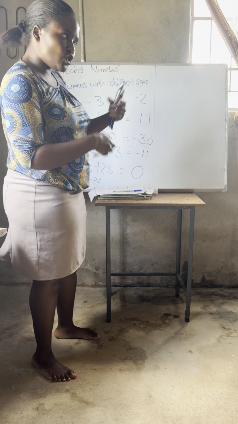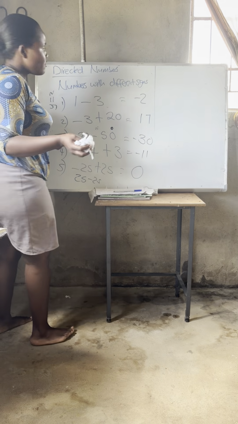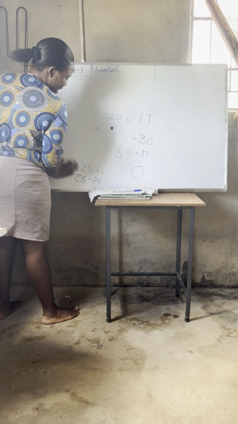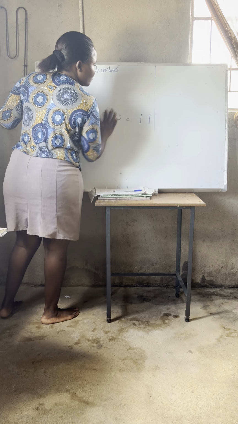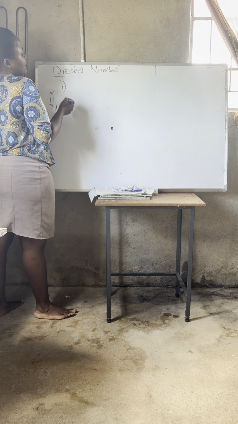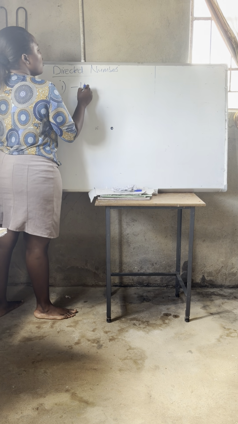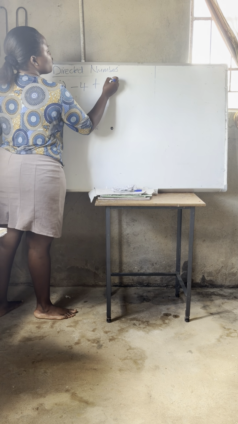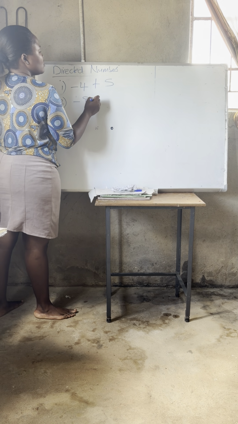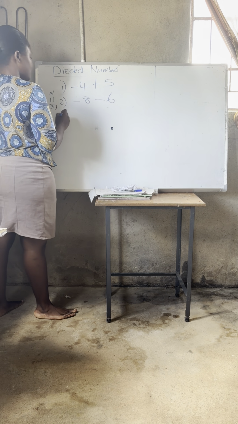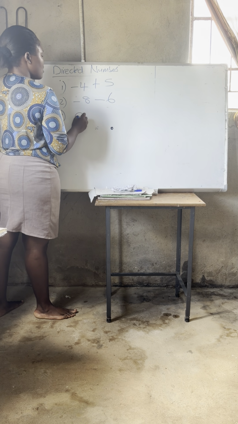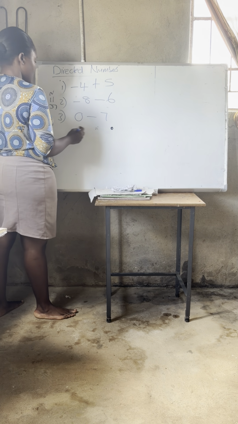You pause and you try to work it out. Then you mark for yourself, check your answers after you resume. After attempting these questions. So number 1, let's say we are given negative 4 plus 5. Number 2, negative 8 minus 6. Number 3, let's say we have 0 minus 7.